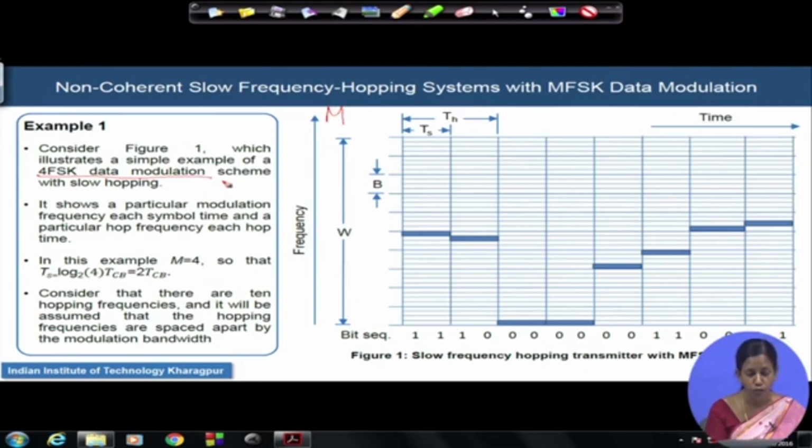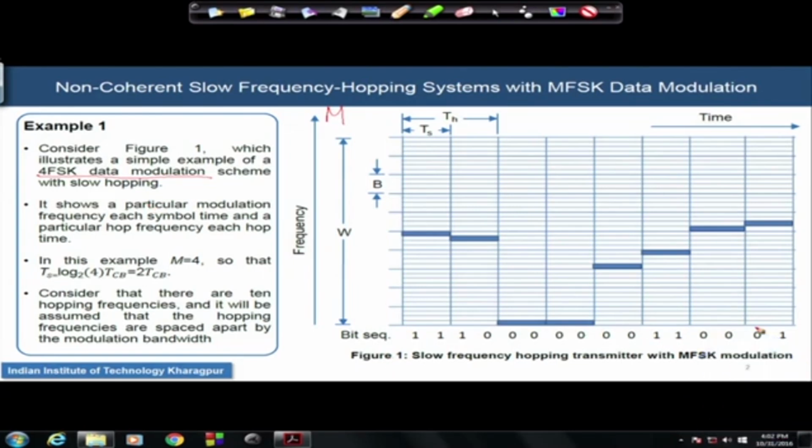Any one of those 4 carrier frequencies can be chosen for your data modulation. We are considering figure 1, where the 4-FSK tone you choose is shown by these 4 smaller groups in each hopping portion.